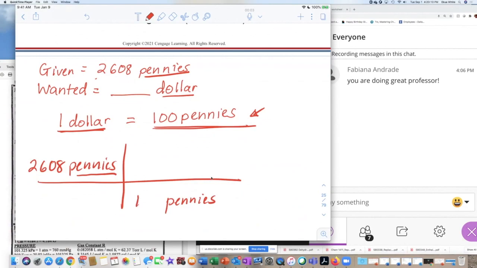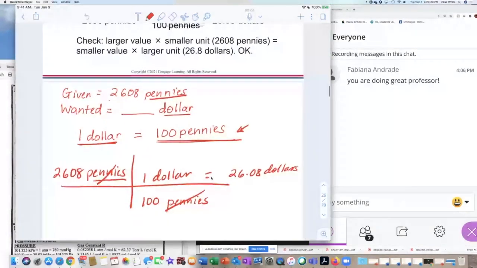This is going to be down here. 100, $1. So once again, this is straightforward. You cancel this, divide these two, and you should get what? $26.08, right? So you take 2608 divided by 100. Yep, $26.08. Okay? So yeah, this should work out.